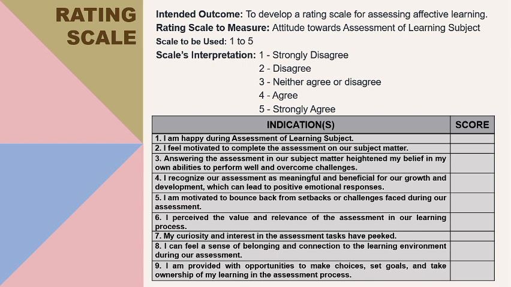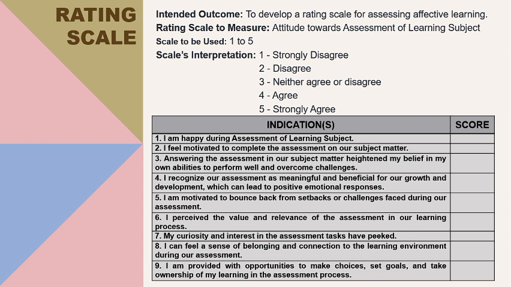1 for strongly disagree, 2 for disagree, 3 for neither agree nor disagree, it is the neutral, and then 4 for agree, and 5 for strongly agree. So in this scale, 1 is the lowest and 5 is the highest. Now here, for example, the indication, I am happy during the assessment of learning subject.